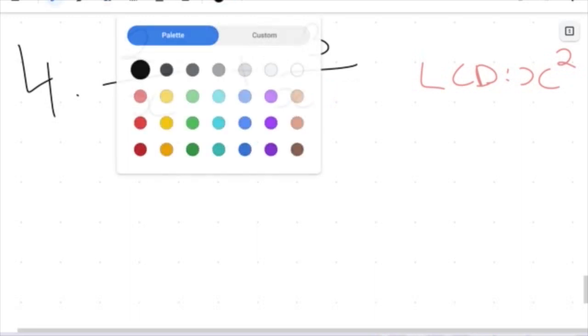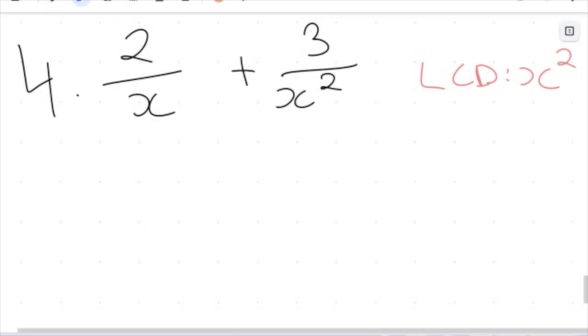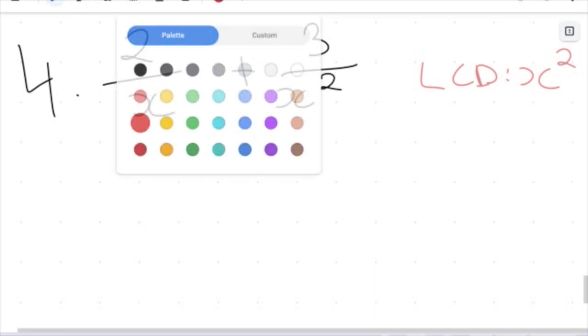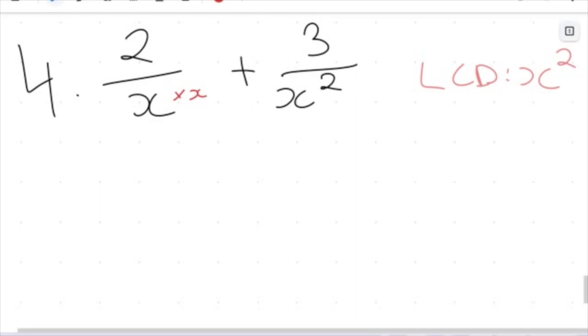Because I can very easily make this x, even though I don't know what it is, into x squared. How do I do that? By multiplying it by itself. That is what a square number is. And what I do to the bottom, I do to the top, because I want equivalent fractions here.